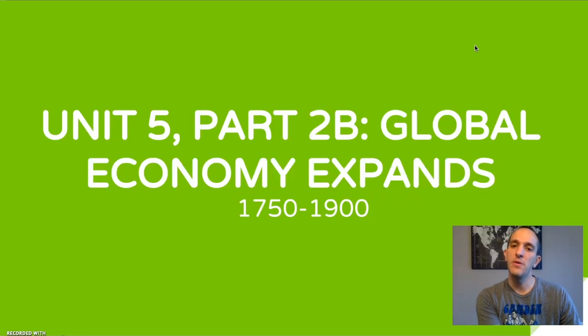In the past time period, 1450 to 1750, in Unit 4, we saw the beginnings of this global economy, where European exploration opens up the Americas to trade, as well as brings in a lot of Southeast Asian, South Asian, and East Asian markets into this global economy, where we see a lot of exchange of ideas and products. So this is how that progression from 1450 to 1750 continues and expands as a result of the Industrial Revolution.